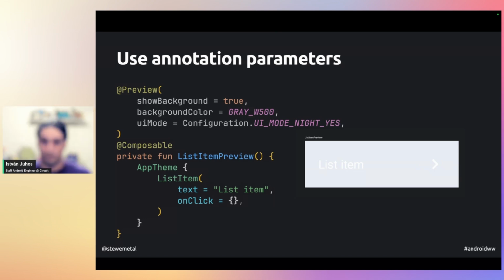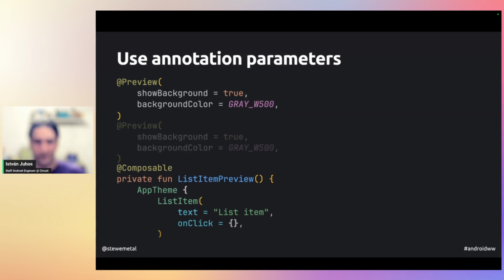Great, but our list item is set up in a way that in light mode, the foreground color is black, and in dark mode, the foreground color is white. And as you can see, again, we lost some contrast because the background that we set didn't change by us setting the preview to dark mode. That's the same constant, the same background color value. So there is no change there.